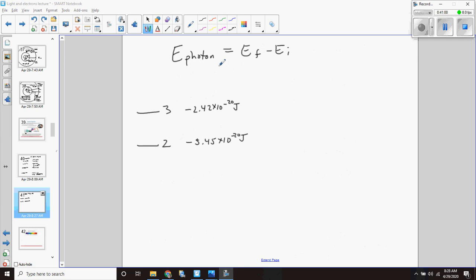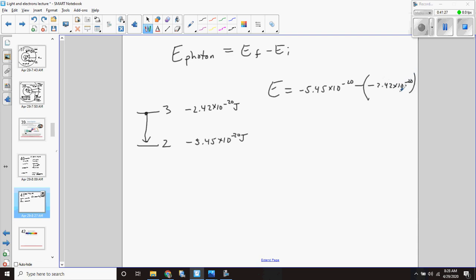If we redo this equation, we're talking about a transition from the third shell to the second shell. Putting the energies in, it's where we end up minus where we start. So E equals E_F, which is negative 5.45 times 10 to the negative 20 joules, minus, and I'm going to put this one in parentheses, a negative 2.42 times 10 to the negative 20.